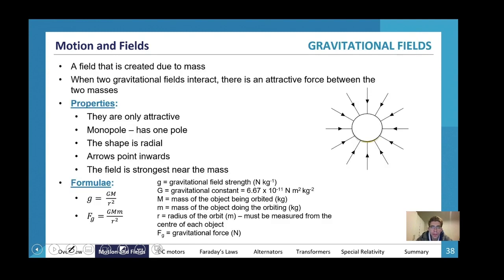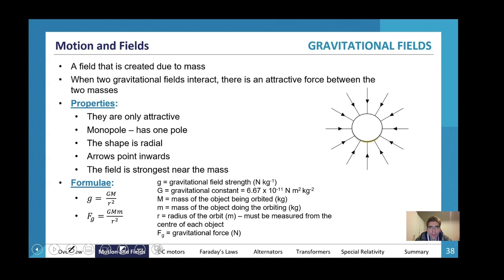Now, the properties of the field that we are talking about depend on the type of field we are considering. If we consider a gravitational field, it's a field that is created due to mass. When two gravitational fields interact, there is an attractive force between the two masses.